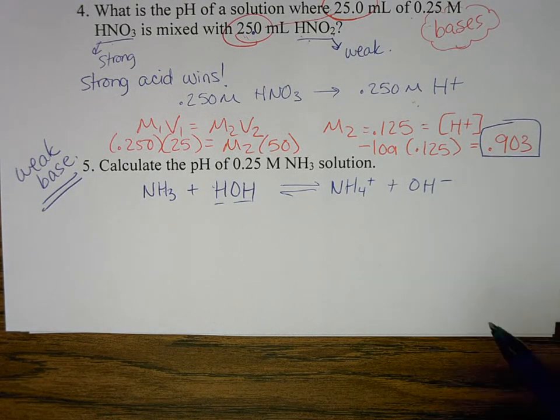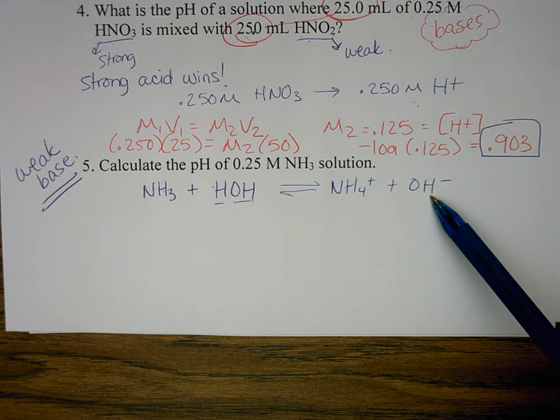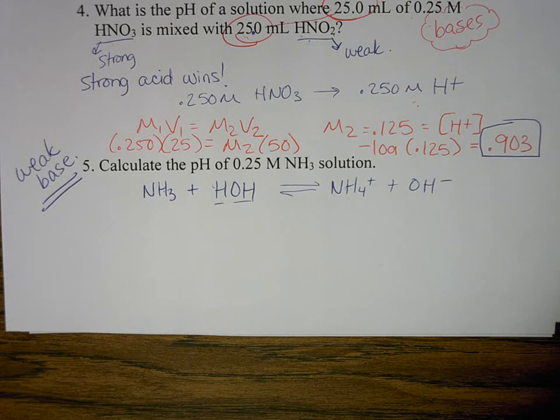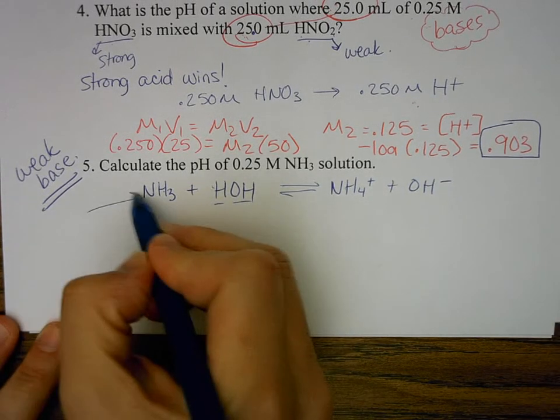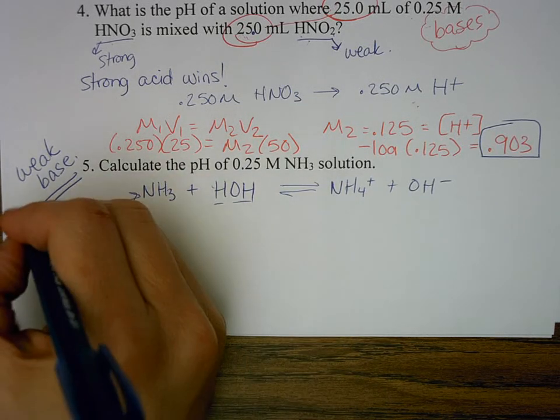Now I'm looking for the pH. In this case, I don't have hydrogen ion concentration that I can find, but I can find hydroxide ion concentration. They would also give you not a Ka value, but a Kb value.